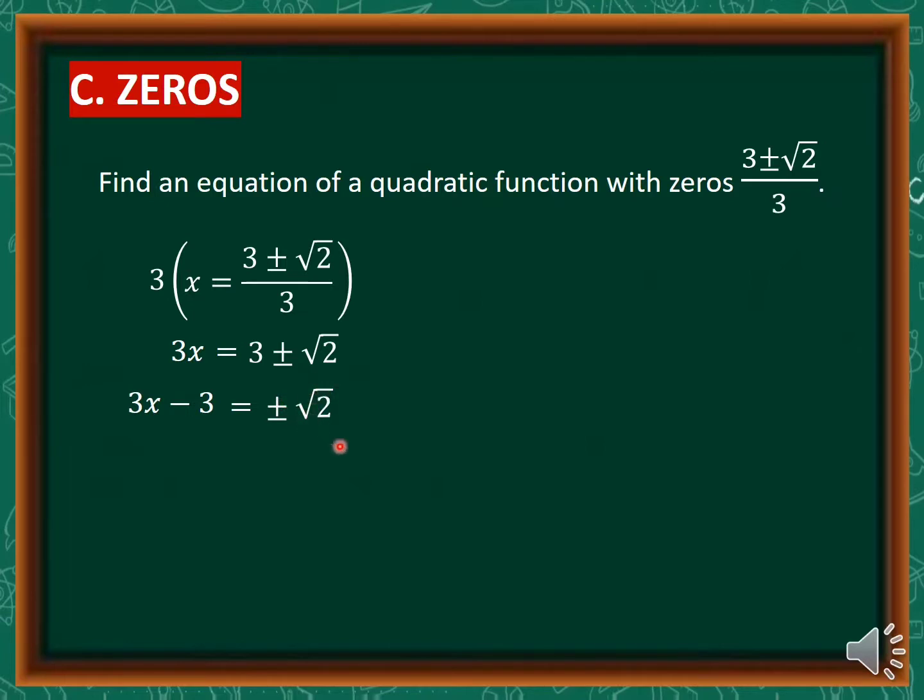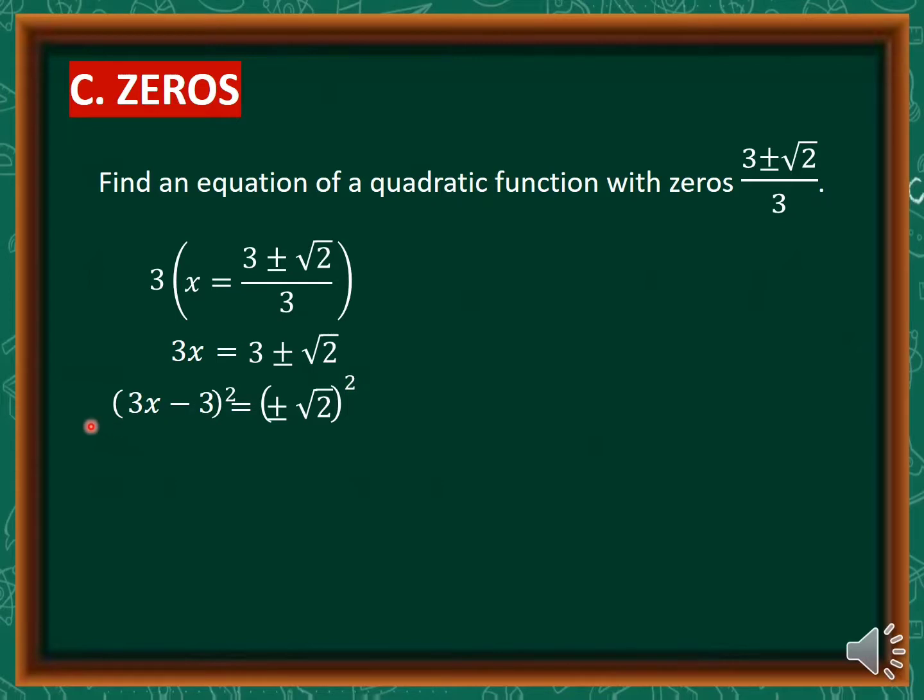In order for us to cancel or extract that root, we have to multiply or get the square of both sides. Kasi ang square root and the square number ay parehas lang, so pwede natin siyang ma-cancel out.